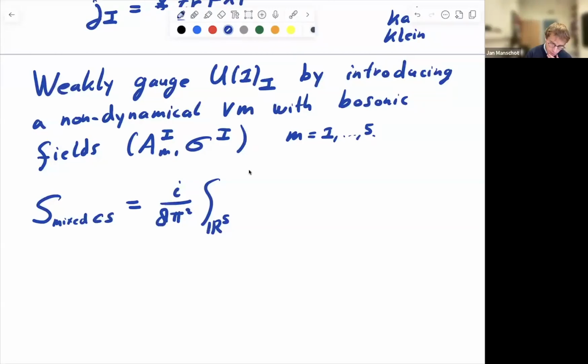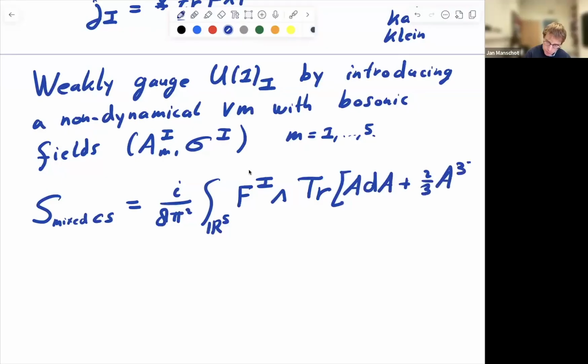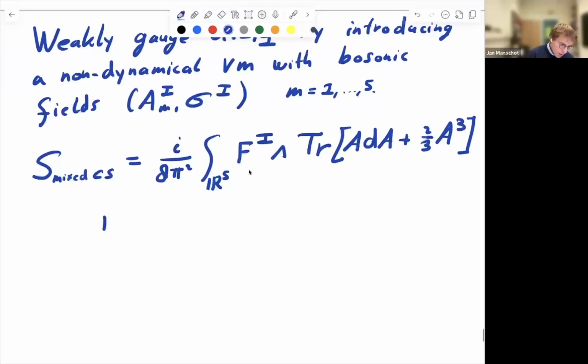We can have a mixed coupling where we have the field strength of this non-dynamical vector multiplet, multiplied by the standard three-dimensional Chern-Simons term to get a five-form, A dA plus 2/3 A cubed, plus 1/(8 pi squared) sigma^I trace F wedge star F.